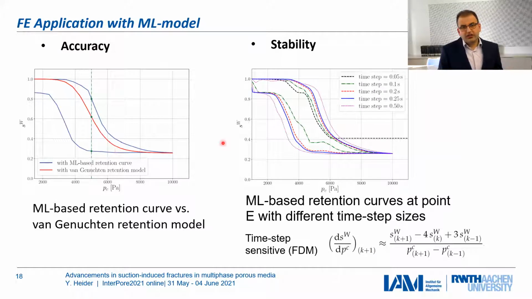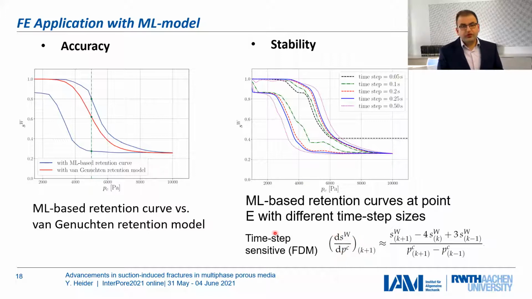For the stability, we would have some problems in the machine learning model because it gives you discrete values of the degree of suction and the degree of saturation, and because we are just replacing the constitutive model in our balance equation, we would have this term, which is a derivative of the degree of saturation with respect to the suction.